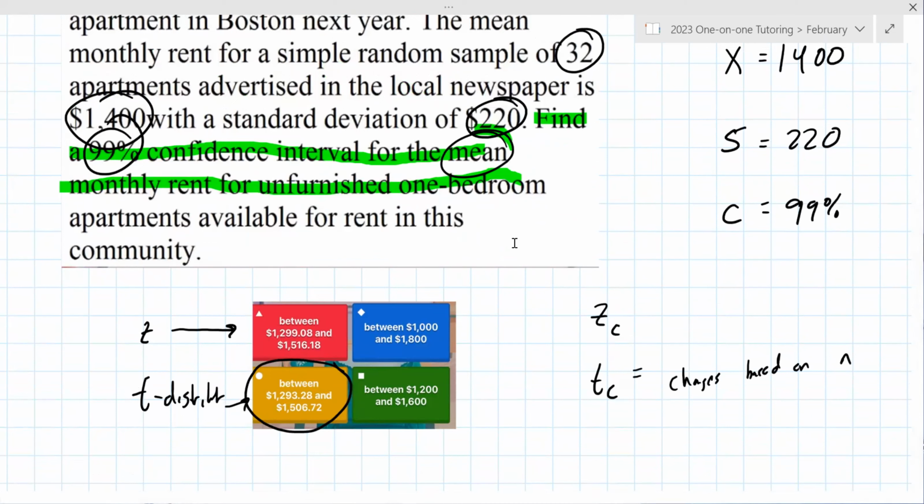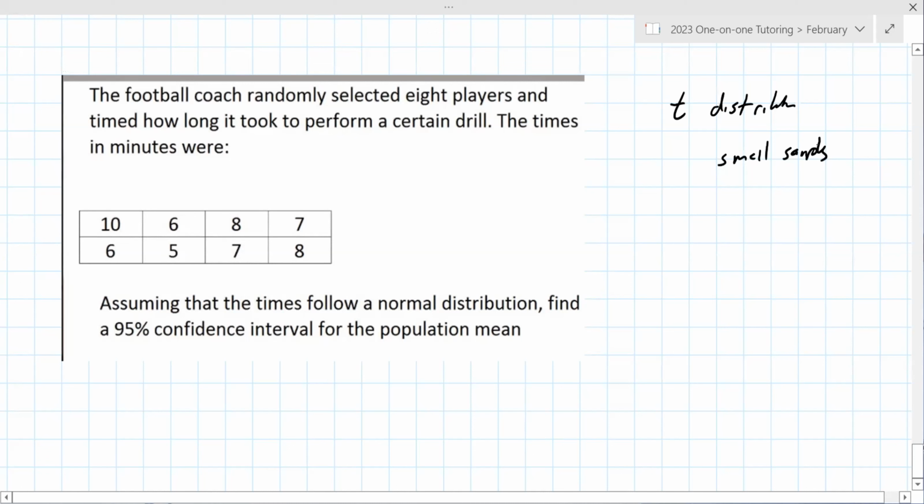Okay, because that impacts this one here. There's this idea that you use the T distribution, especially when there's small samples. In terms of the calculation, this is very, very straightforward.